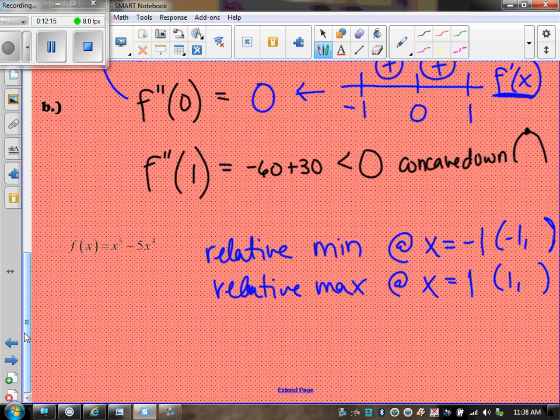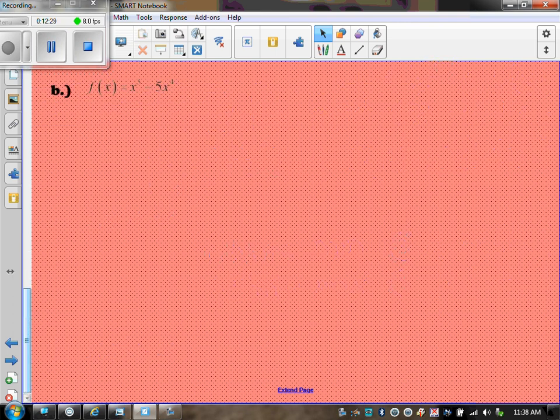Okay? Let's practice another one. I kind of ran out of room here, so let me bring this one down here and do this example. It says f of x is equal to x to the 5th minus 5x to the 4th.